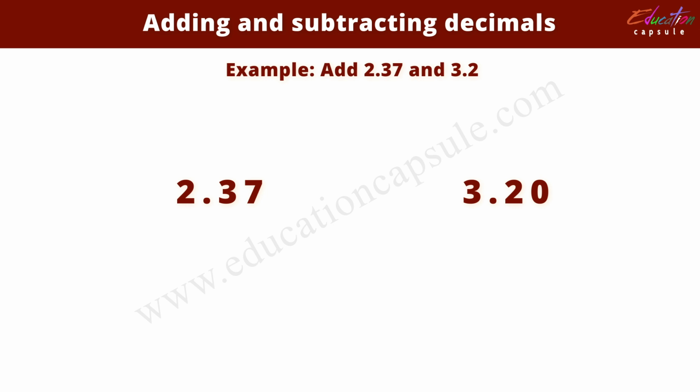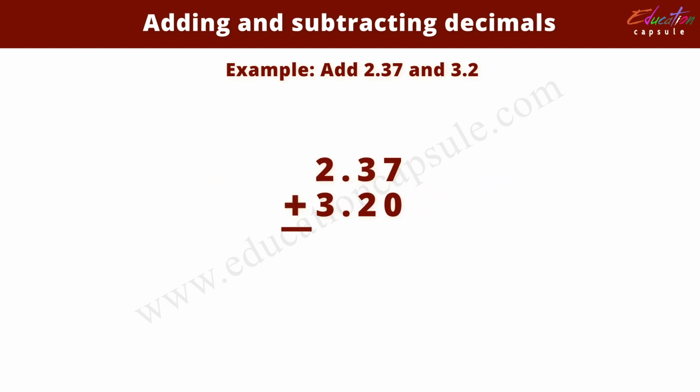Now let's add 2.37 and 3.20. So, therefore, the answer here would be 5.57.